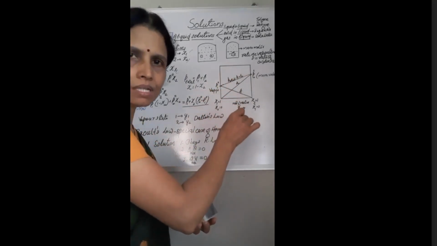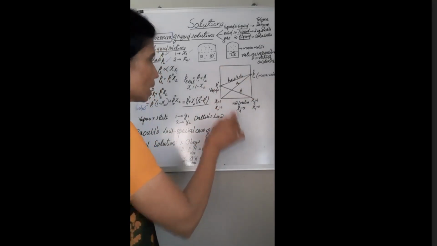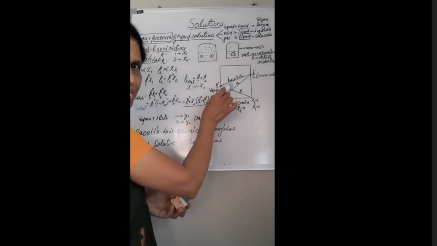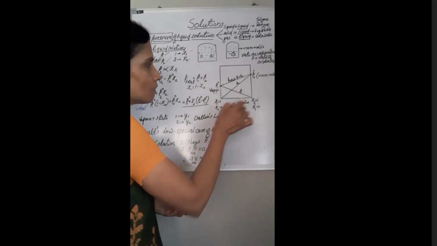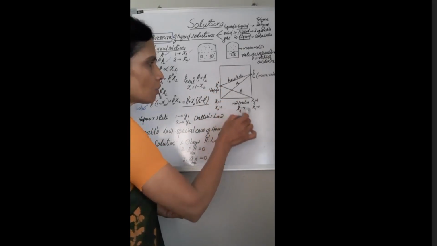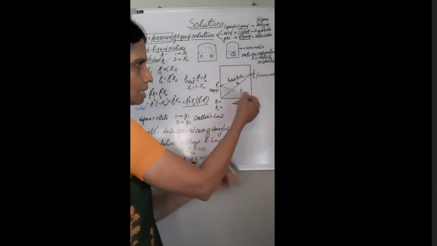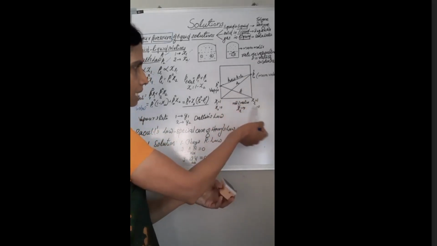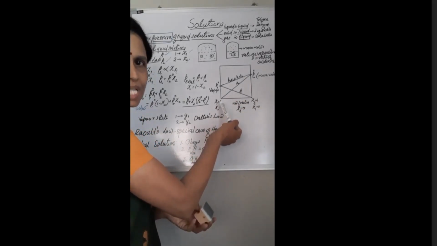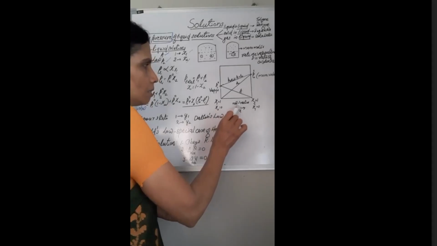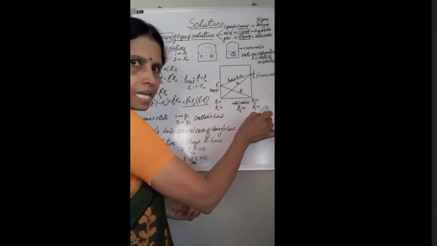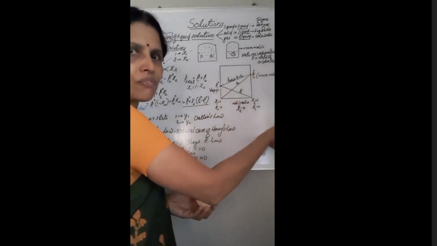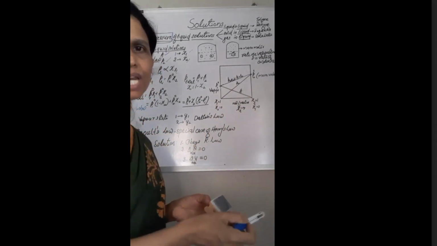This means that component 1 is less volatile than component 2, or component 2 has higher vapor pressure than component 1 at a given temperature, and therefore the total vapor pressure increases with increase in mole fraction of component 2. And if you consider the other way, the total vapor pressure decreases with increase in mole fraction of component 1. So if the component is more volatile, with increase in its mole fraction, the total vapor pressure will increase.